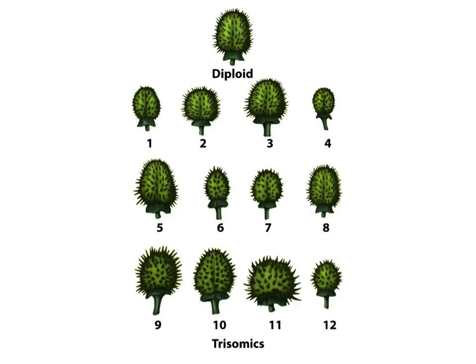What they found was the diploid Jimson weed, or Datura, looked like this. This is what the seed capsule looked like. When they had ones that looked like this, all these different variations, they would look at them and find that they were triploid at these different chromosomes.